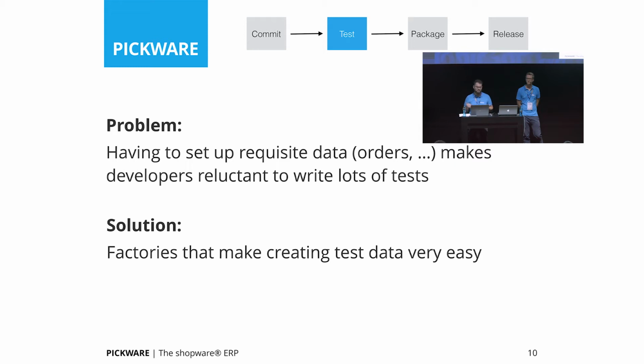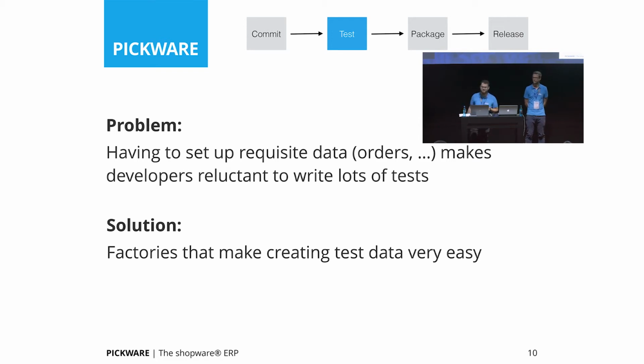So you probably want to have a backend user, customer, article, and then an order. Then you can actually run the part of your plugin functionality or your controller, and then afterwards assert that everything worked correctly. So that's quite a lot of work, and as you maybe know, developers tend to be lazy sometimes, so people write fewer tests, which is not desirable.